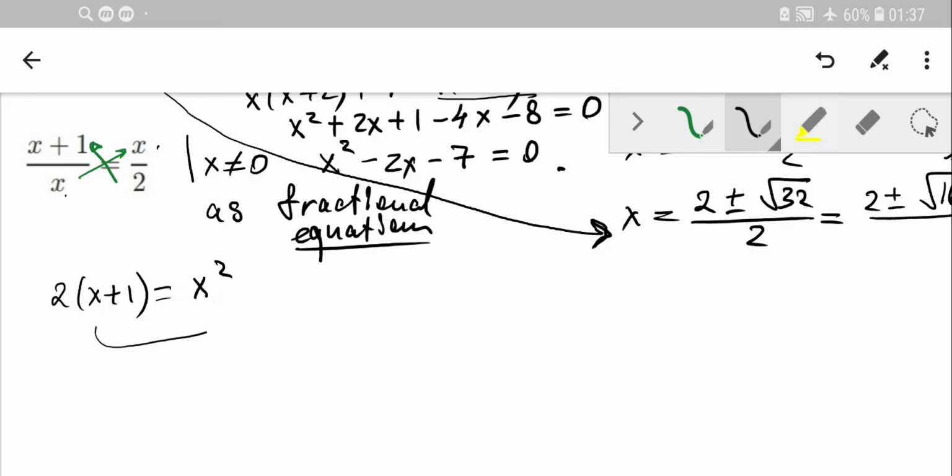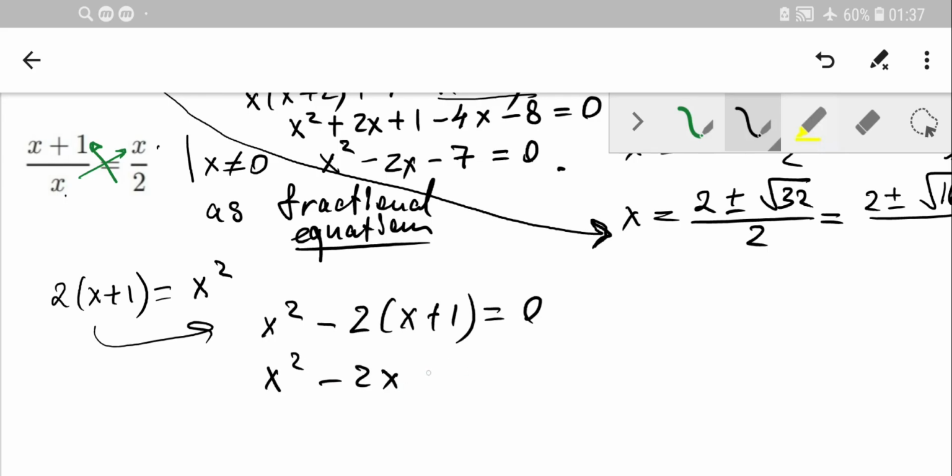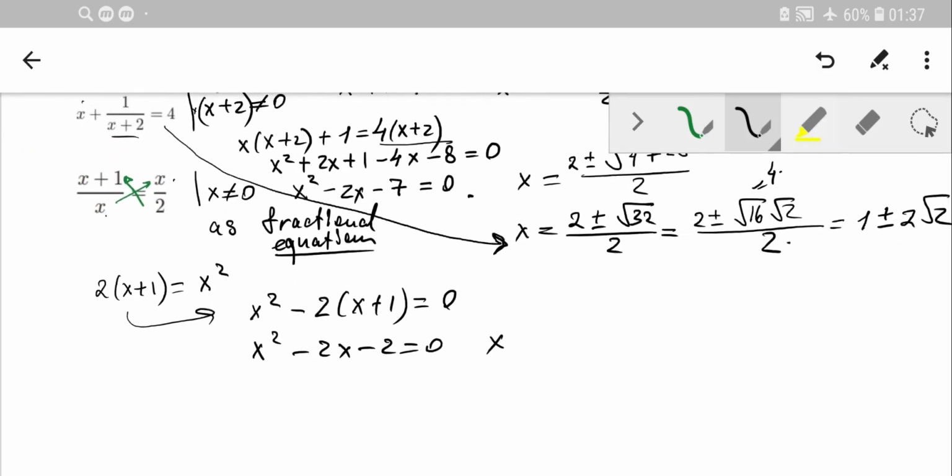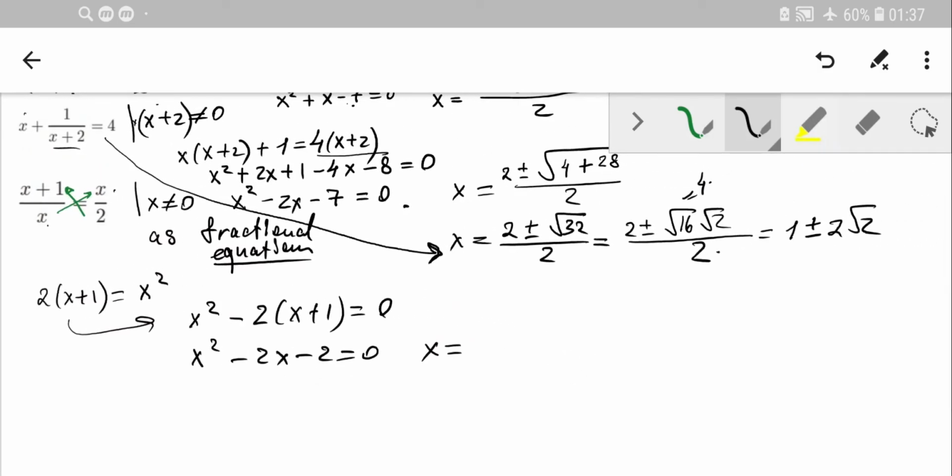So I transfer everything to the right side, hence I'll get x squared and minus 2 times x plus 1. All right, we'll get 0. x squared minus 2x and minus 2. That's what we have. And again, we set up the quadratic formula, minus b plus minus square root of discriminant.